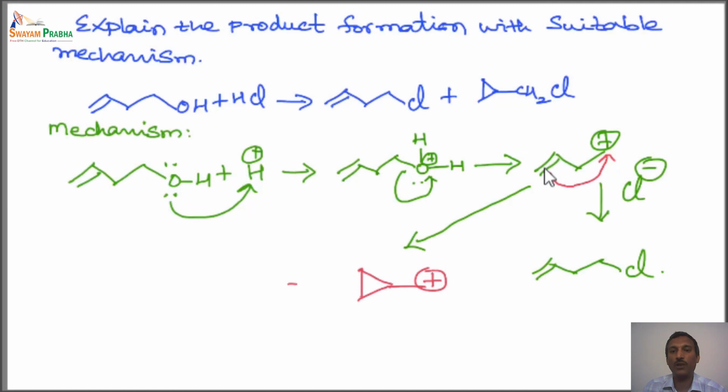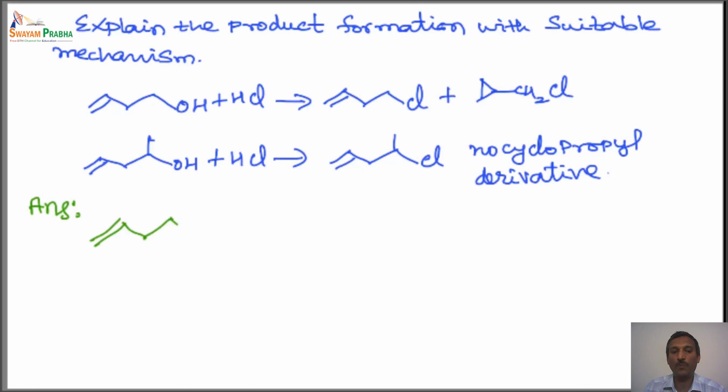So the pi bonding electrons can stabilize the carbocation to form this cyclopropyl carbocation. Once this carbocation is formed, it can be attacked by the chloride nucleophile, which leads to the observed product.